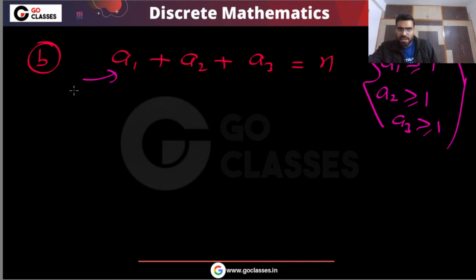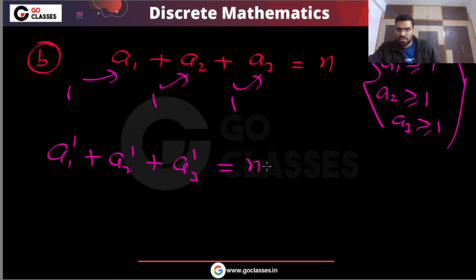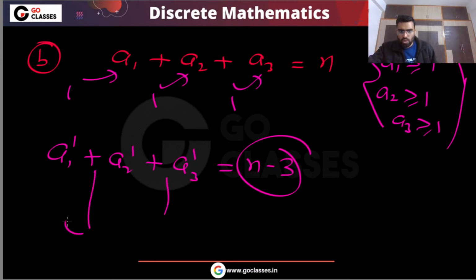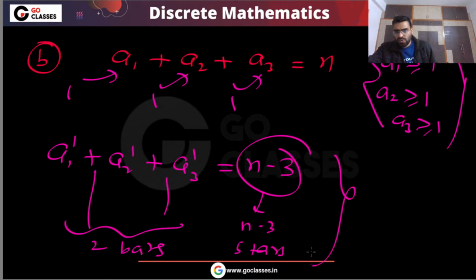I should give 1 directly to each. Then I will get a1 dash plus a2 dash plus a3 dash equal to, remaining is n minus 3. So what is the answer? Total 2 bars I have, so we have 2 bars and n minus 3 stars. Finally the answer will be n minus 3 plus 2 C 2, which is basically n minus 1 C 2. This is your answer.